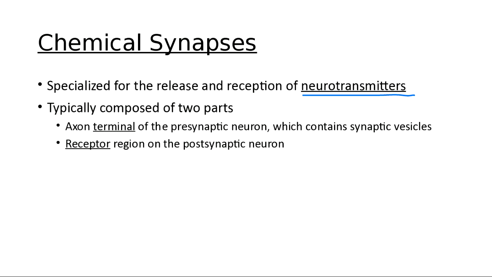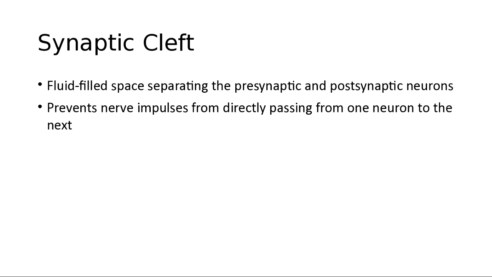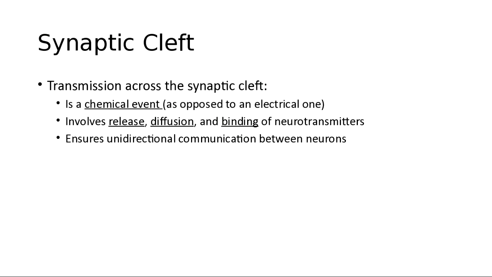And two parts: the axon terminal of the presynaptic neuron, which has synaptic vesicles, and then a receptor on the postsynaptic neuron. And then the synaptic cleft, a fluid-filled division between the two, which makes sure that your impulses only go one direction from the presynaptic neuron to the postsynaptic neuron.